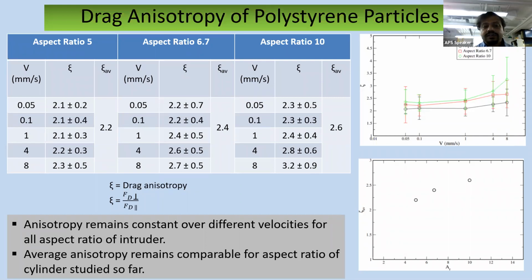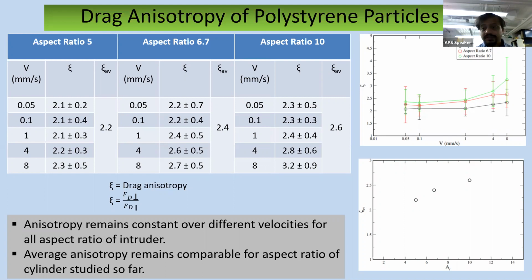We then further calculated the drag anisotropy in polystyrene particles. Here also we found that there is no variation of drag anisotropy across the velocity we have studied. So drag anisotropy remains constant with the velocity. However, here we don't see much strong effect of the aspect ratio of the intruder on the drag anisotropy.